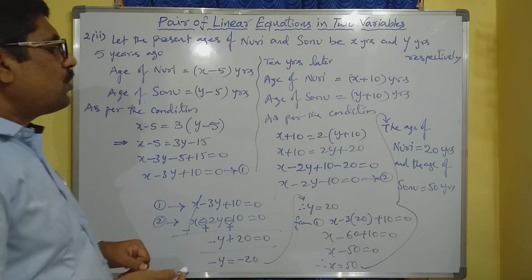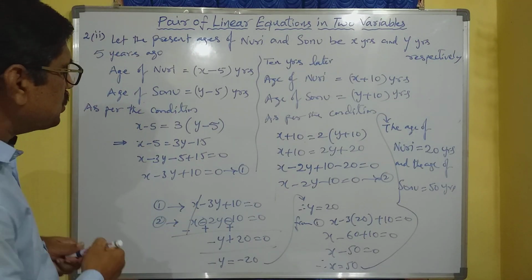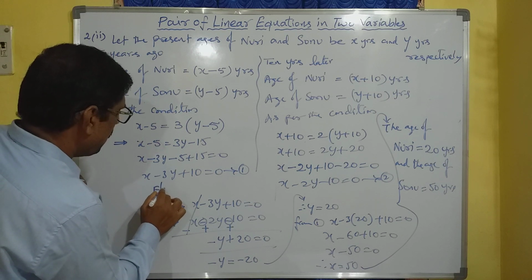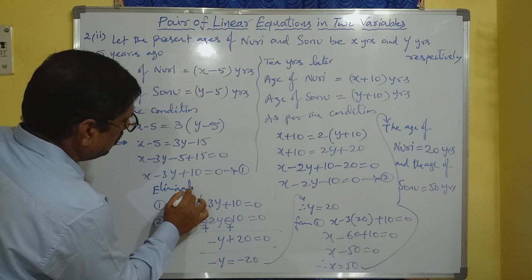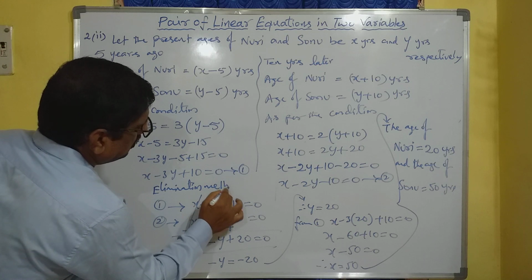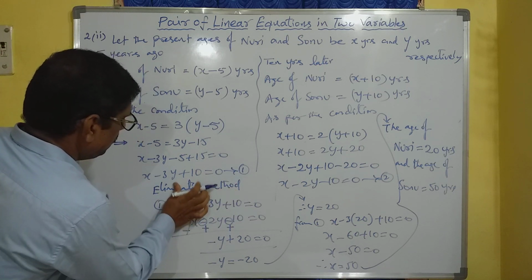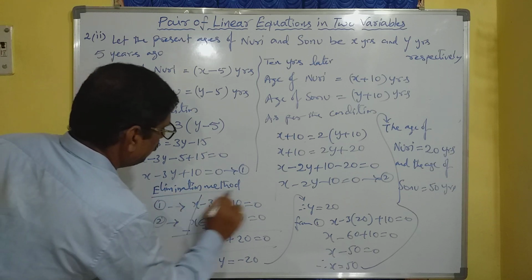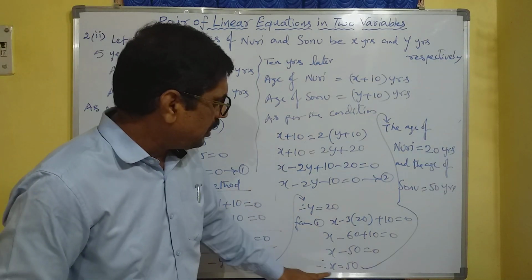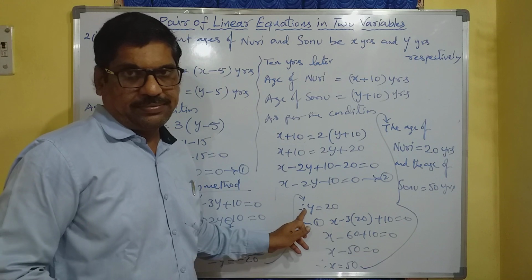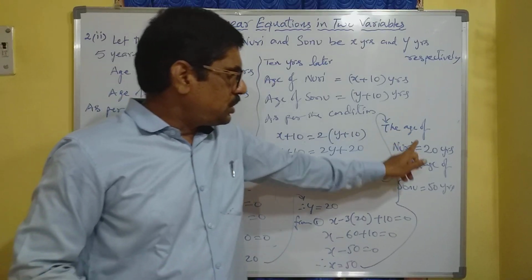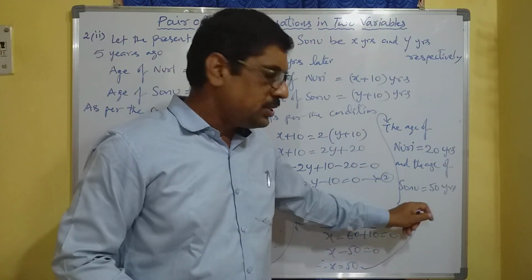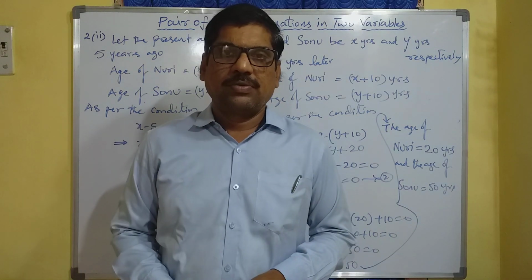By solving these two equations by the elimination method, we get the values of x and y. The x value is 50 and the y value is 20. So, the age of Nuri is 20 years and the age of Sonu is 50 years.